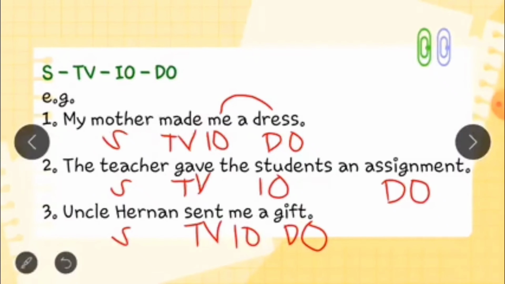The direct object is assignment, and its receiver is the students. Therefore, students is the indirect object. In the third example, gift is the direct object and its receiver is me. Therefore, me is the indirect object. Indirect object can be a noun or a pronoun.